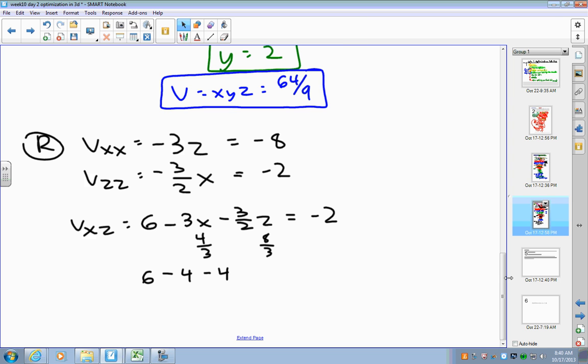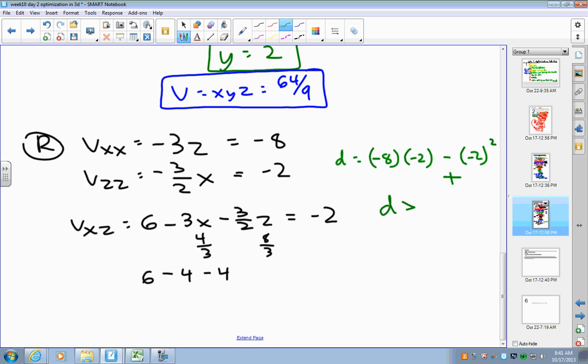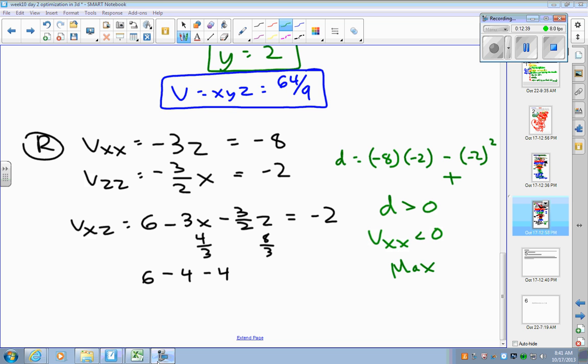So then the d guy would be -8 times -2 minus the -2 squared, and that is positive. And so I got d is greater than 0, and vxx is less than 0, so I have a max. Okay? So there was that one.